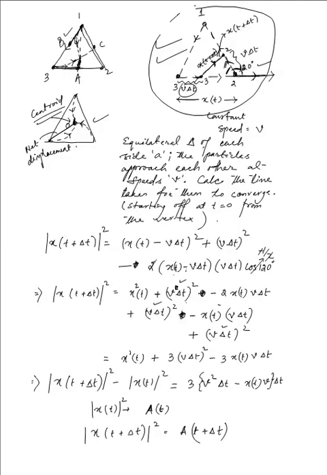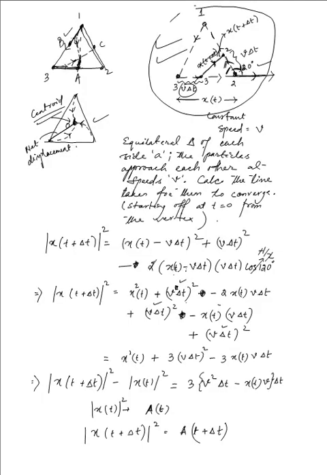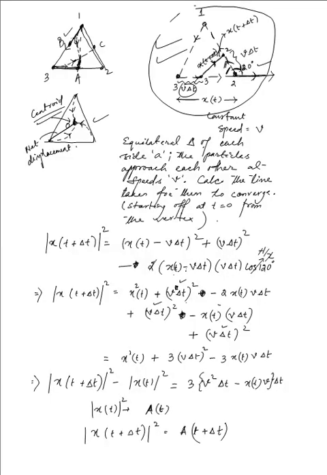We had the square of x(t + Δt) as A(t + Δt), then minus A(t), and then we have 3 times v squared Δt, minus x(t) v.